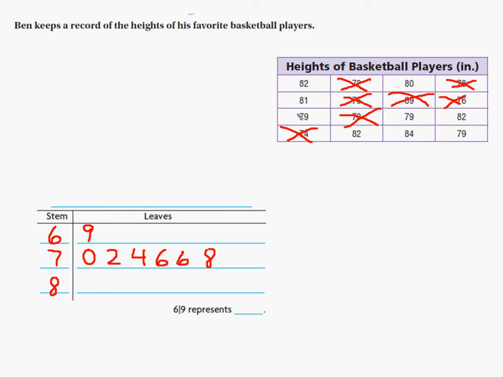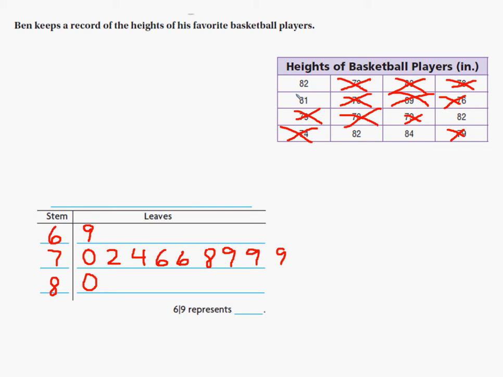No more 78s. I have a 79, so my next leaf is a 9. I have another 79, so this leaf is a 9, and another 79, so one more 9. Okay, I'm left with my 80s now. I have 80, so that leaf for the stem of 8 is going to be 0.